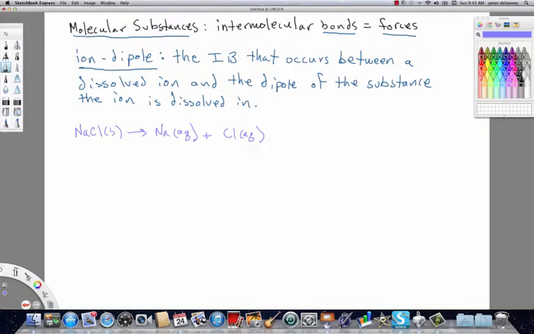So we're producing sodium ion and chloride ion, and we show this going from the solid ionic crystal, imagine that in your salt shaker, to basically an aqueous environment, which means dissolved in water.